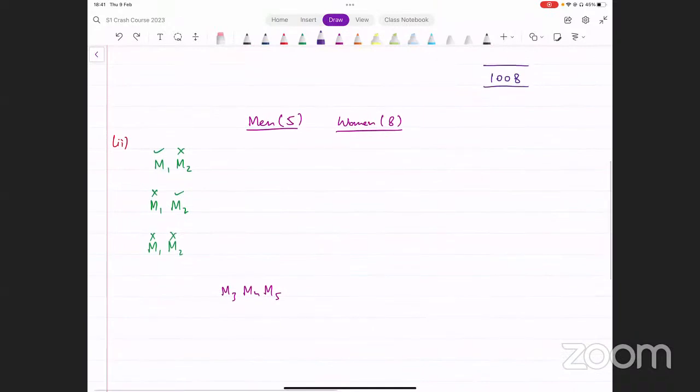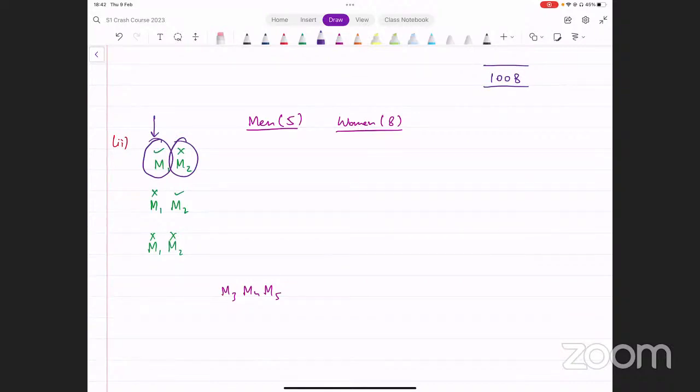Now, if you're saying that M1 is selected, but M2 is not selected, now out of those 3 people, we already have 1 person selected, right? So we know this person is already selected. How many places do we have left on the committee for men? We've got 2 places left. And where those 2 people are going to come from now?